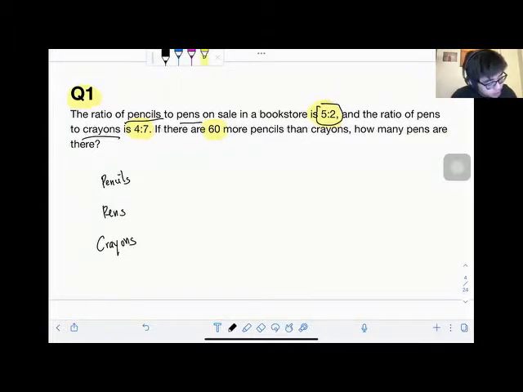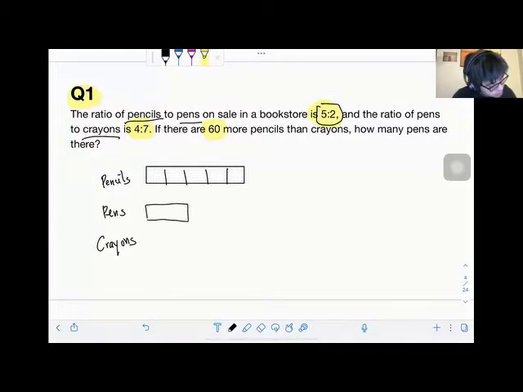The simplest way to represent this is mag-drawing po tayo ng box para kay pencils and divide it into 5. And then mag-drawing din po tayo ng box for pens and have it represent 2.